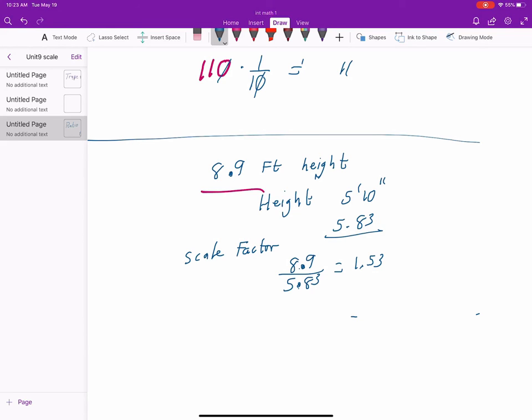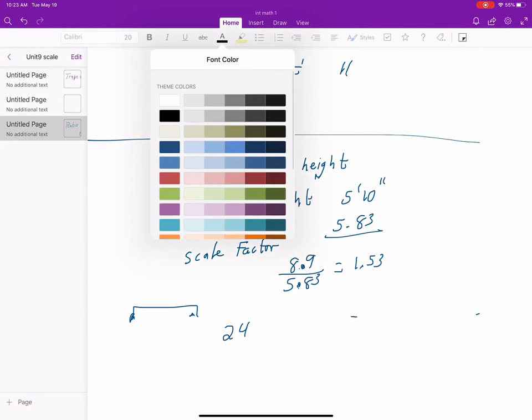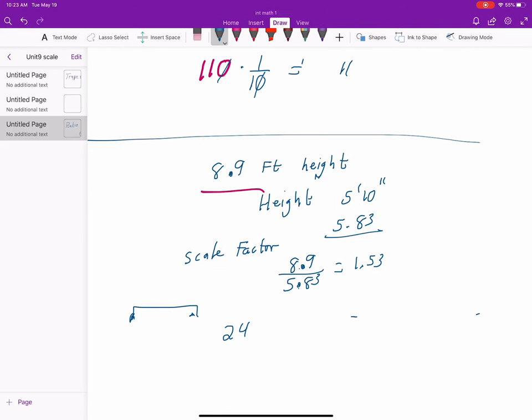I'm going to say 24. Okay, so let's say that was from shoulder to shoulder. It was 24, and I know that he is 1.5 times taller. I can just take that number and multiply it by 1.53, and that will tell me what his value is.